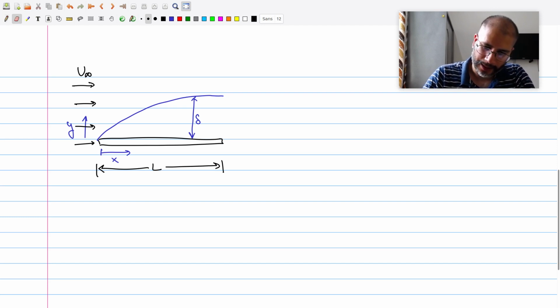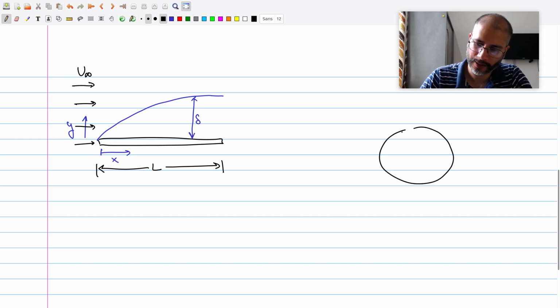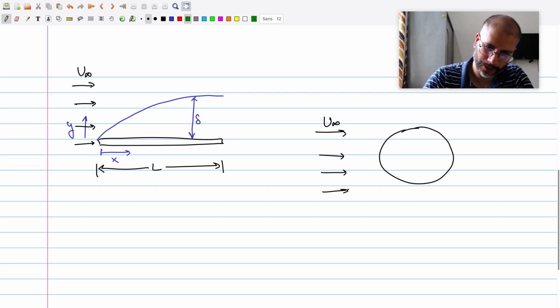L. In some case, the initial discussion will not be specific to a flat plate. So instead of a flat plate, we can have some sort of a curved geometry as well. So let's say it's a cylinder across which the flow is happening. So, in this case the incoming flow again is u infinity, and since the flow is going to go on the upper side, for example, it's going to do something like this.